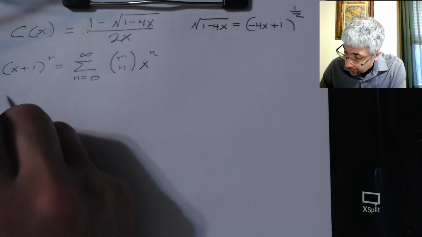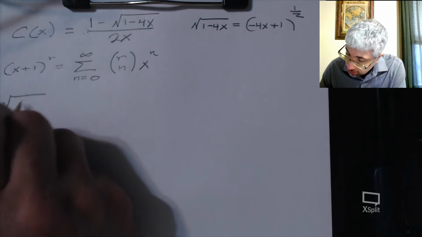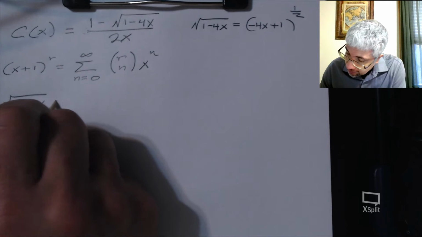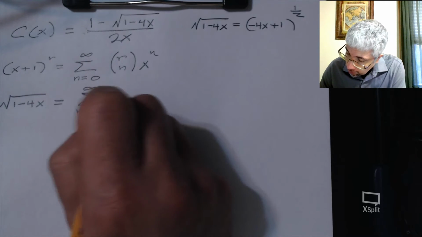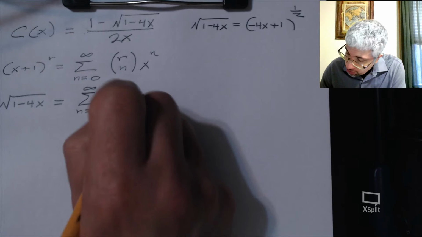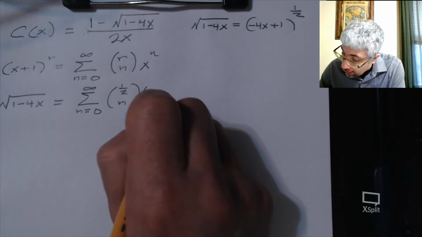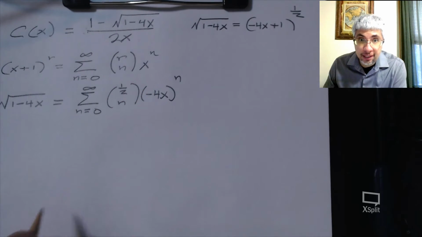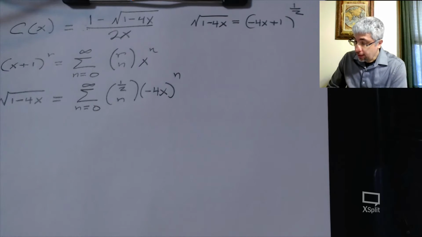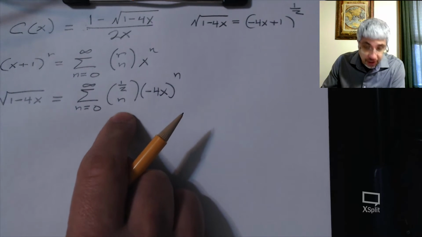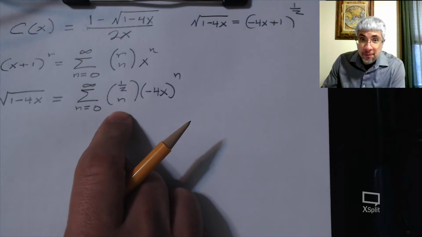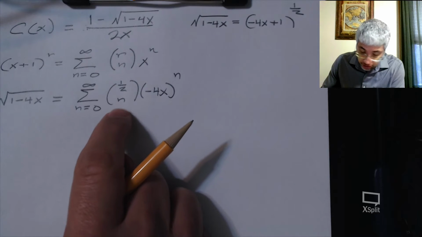So let's do that. I'm going to get the square root of 1 minus 4x is equal to the sum of 1/2 choose n, and this is going to be minus 4x to the n. Okay. Now we actually have a formula for this that we computed in an earlier video, because this 1/2 choose n is not the simplest coefficient.